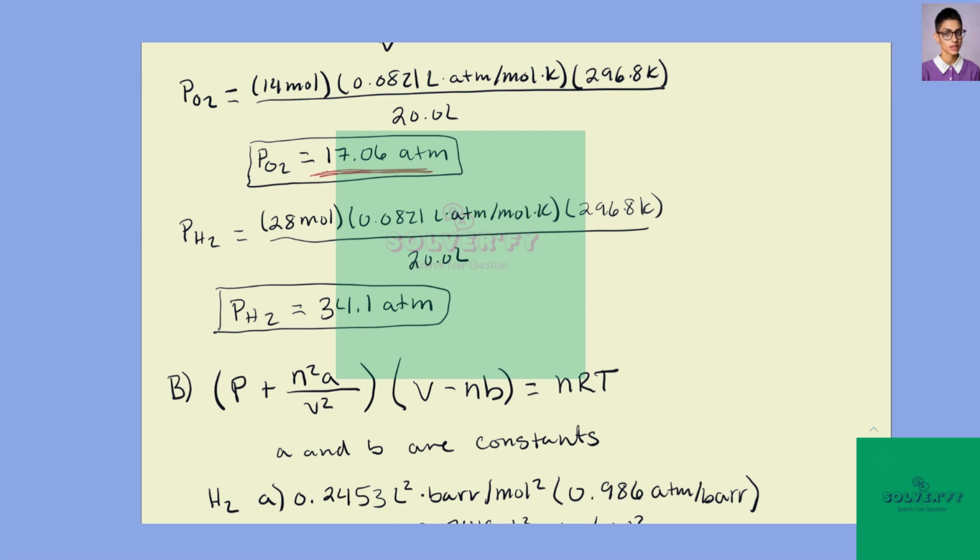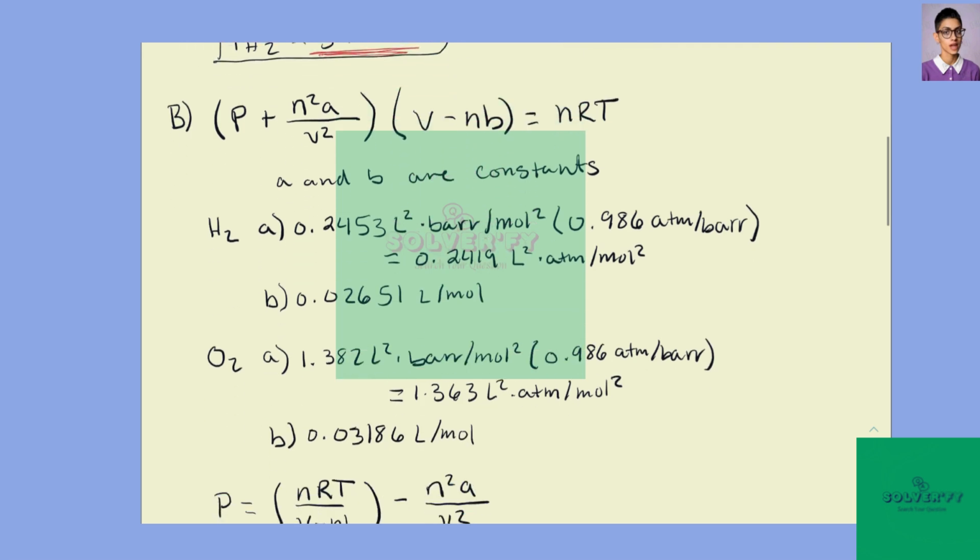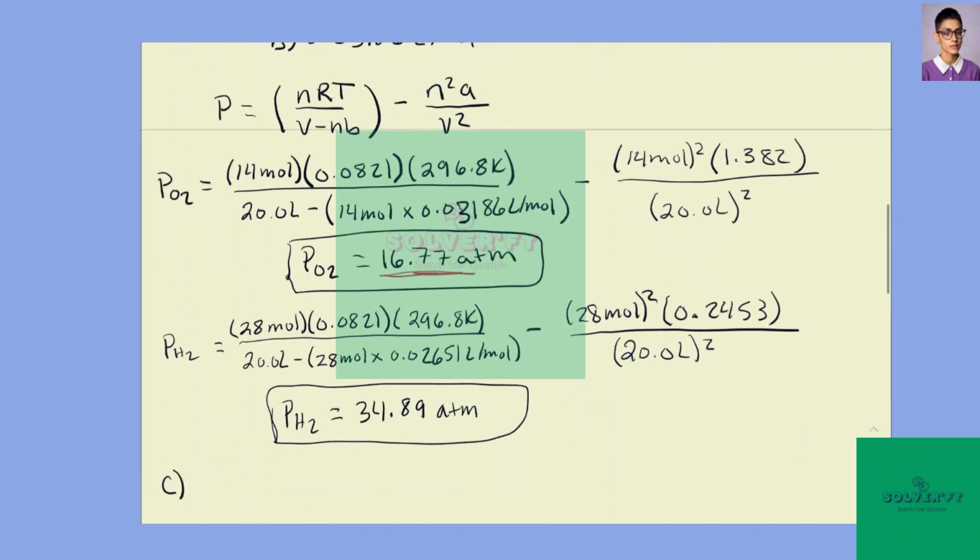So again, just a few decimal places off, but they're pretty similar. And then our ideal gas law value for hydrogen is 34.1 atmospheres. And then if we scroll down, we see that it's 34.8. So again, just a few decimal places off, but still pretty similar in precision in the answers that we got.